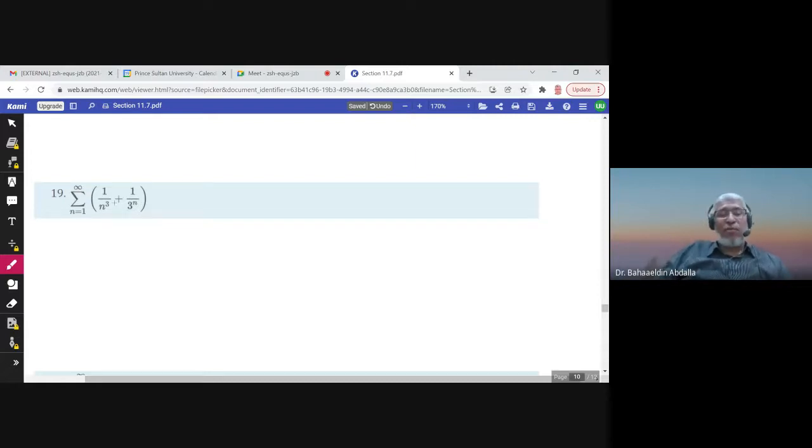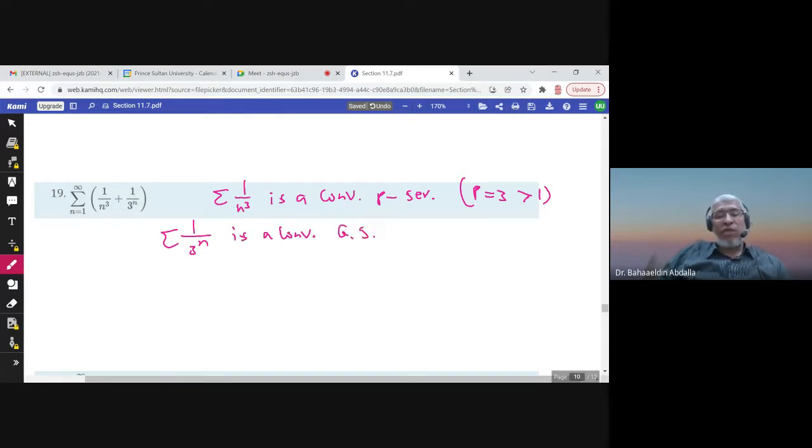Here we have a sum of two series. Summation 1 over n cube is a convergent P series because P is 3, which is greater than 1. And summation 1 over 3 to the power n is a convergent geometric series since R is 1 over 3, less than 1.